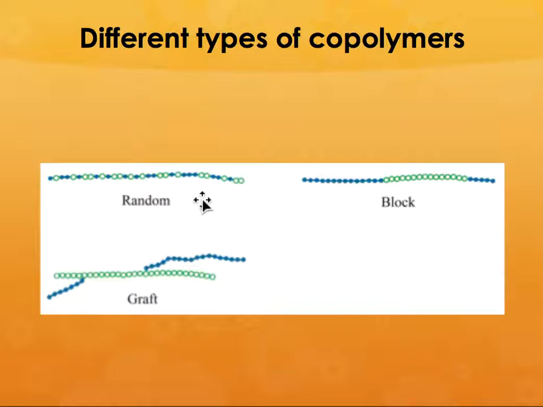So the two colors will be different, or it could have block copolymers, which means the whole chain is of one type, and then you have another type of atoms as another chain. Or you can even graft these different chains onto the backbones of these materials. Depending upon the properties that you require, you can use these types of copolymers, and these have specific properties that will depend upon the final property that you require in the composite material.